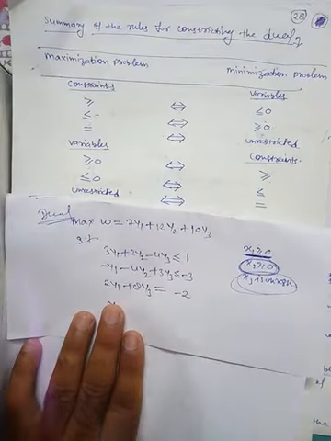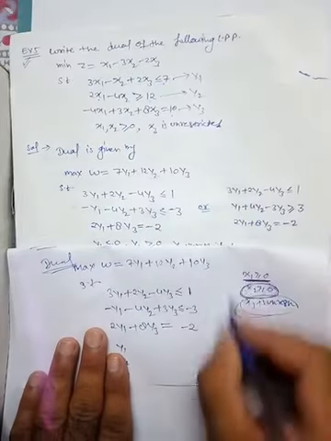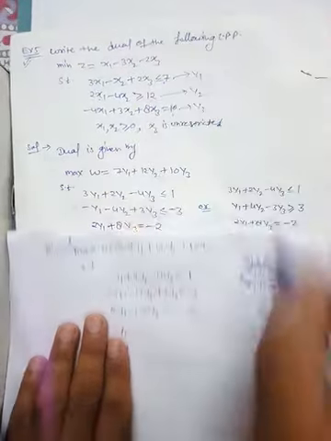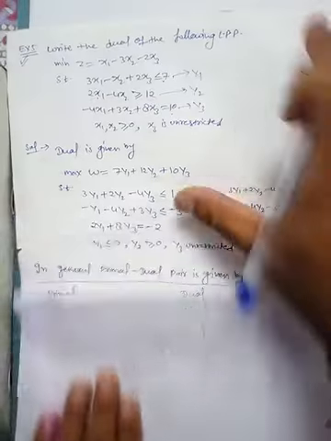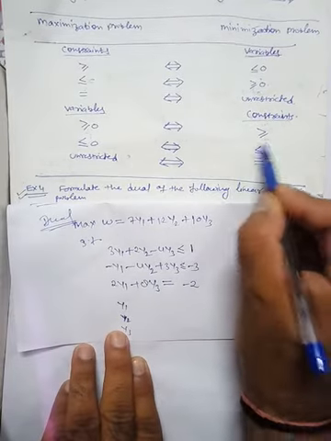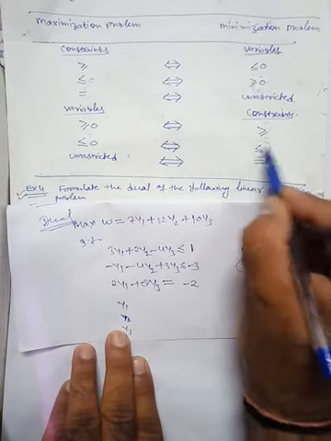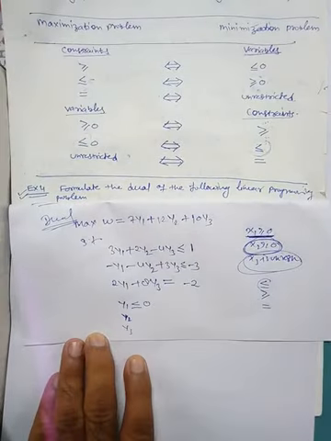Now find out the sign of y1, y2, y3. The first sign is less than type, the second sign is greater than type, and the third is equality. Let's see in the table. Here you will see the sign of the first constraint is less than type, so the associated variable will be less than type, so y1 should be less than 0.